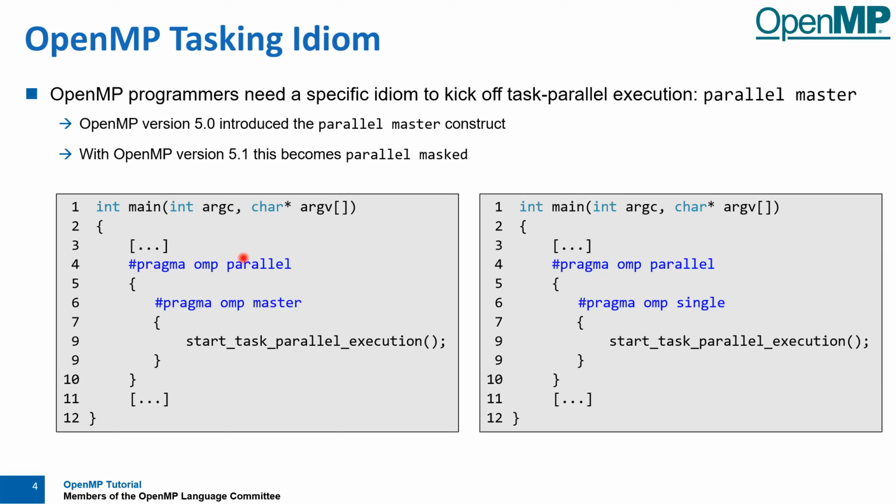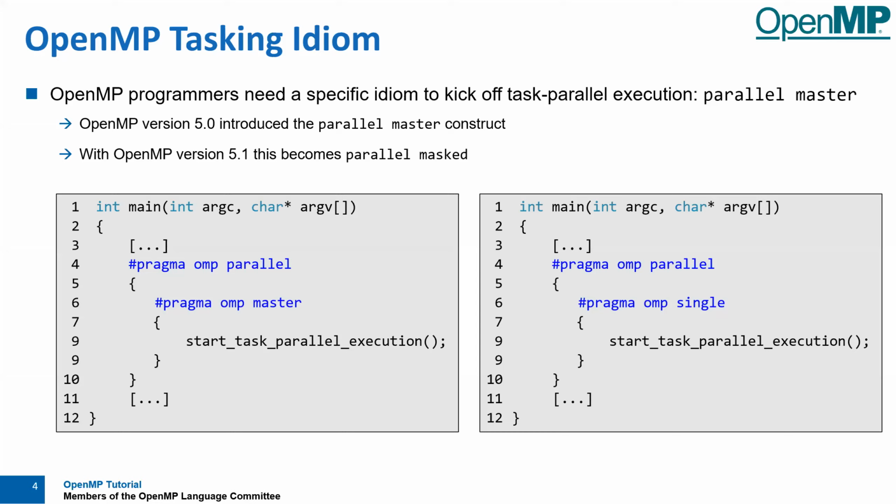The main thread will encounter the parallel construct, it will create the team of threads to execute, and then you immediately restrict execution to just one thread. So either the initial thread, or you pick one arbitrary thread out of your thread team, and then this single thread kicks off the parallelism, starting the task parallel execution. So that's a very, very idiomatic way to think about tasking in OpenMP.